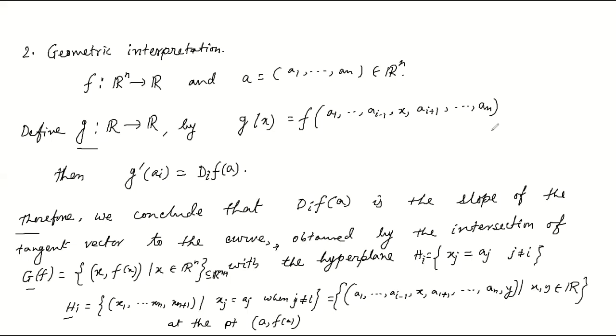So if this is the curve obtained by the intersection of H_i with G of f, and this is the point (A, f(A)), and this is the tangent vector T, then the slope of this tangent vector T is the ith partial derivative d_i f at the point A.